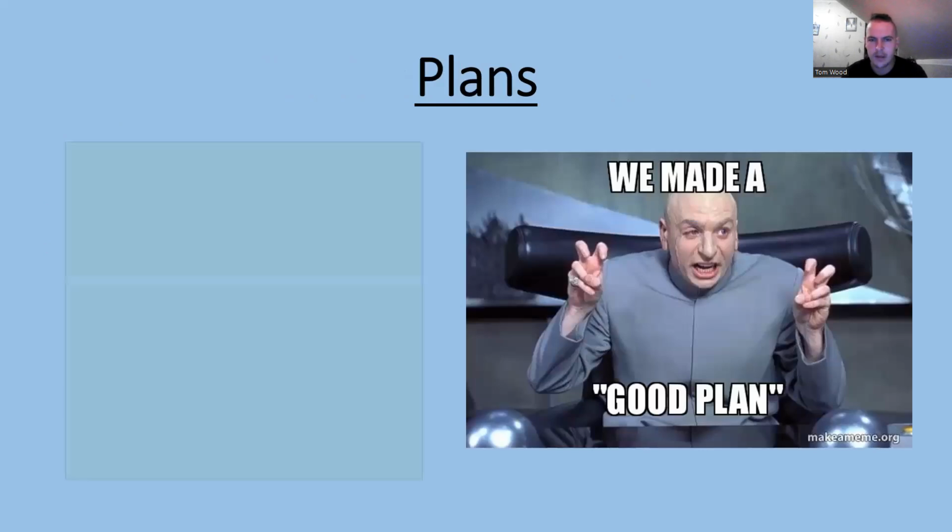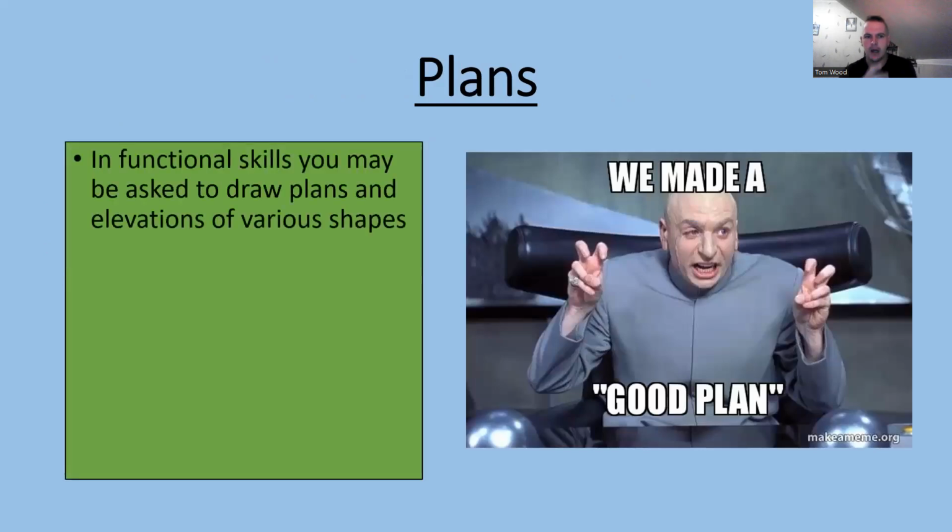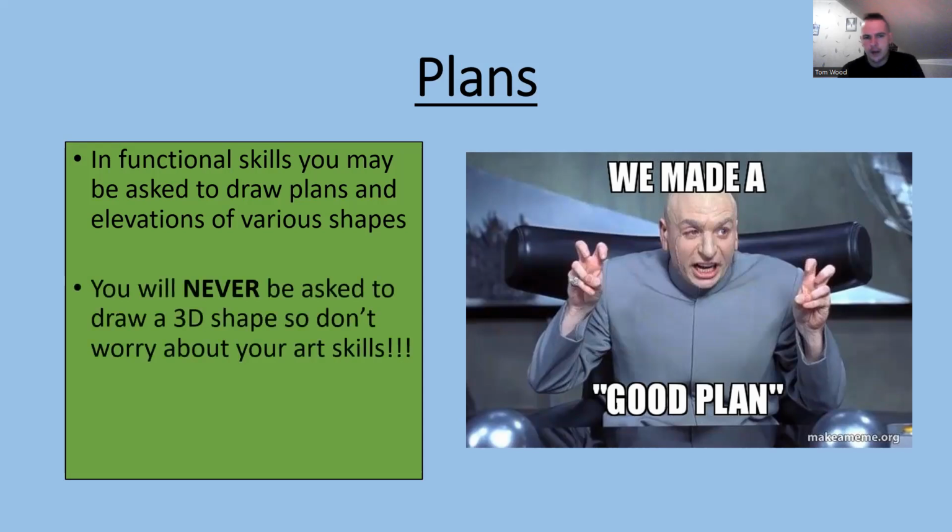Okay, so if we're talking about plans, in functional skills we might be asked to draw plans and elevations of various shapes. You won't ever be asked to draw a 3D shape, so don't worry about your artistic skills. I have seen them ask for a sketch, potentially.